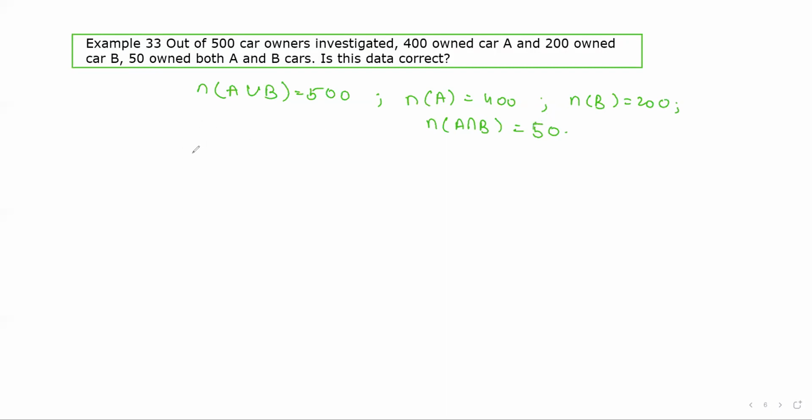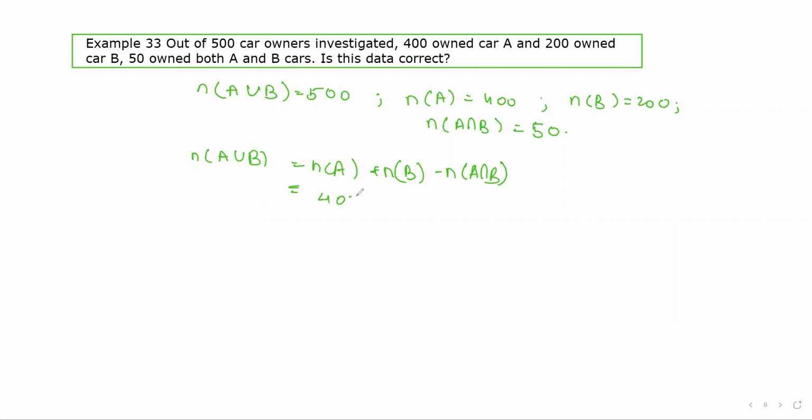Now we have a formula for this: n of A union B is equal to n of A plus n of B minus n of A intersection B. You will try to calculate A union B from this formula. That means you assume that A union B is not given, and you calculate it from the right-hand side.